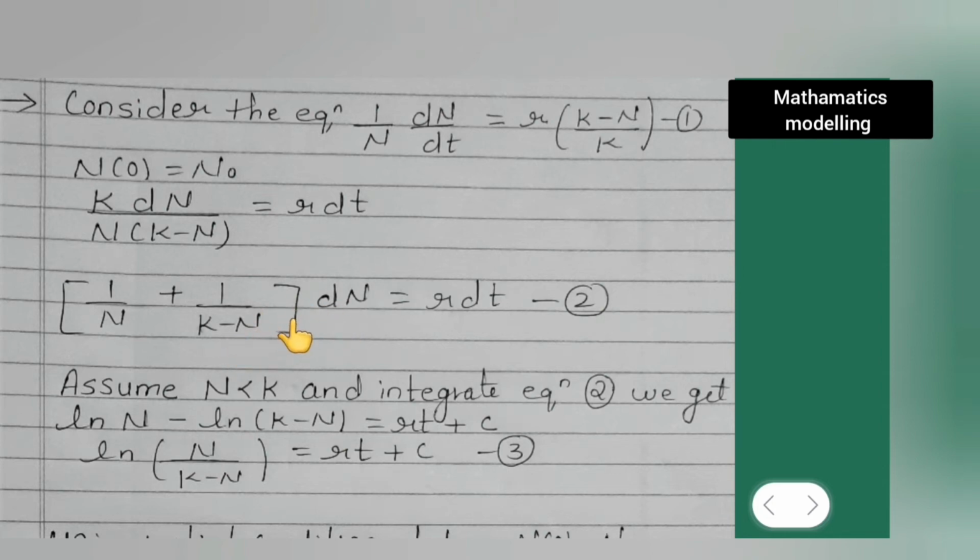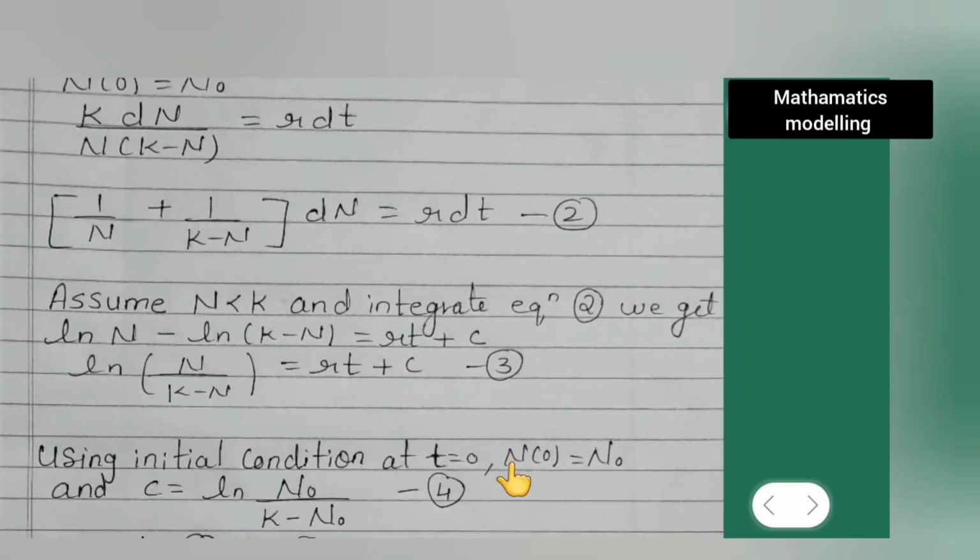This is equal to rt plus C, where C is a constant. So take this ln of N upon (k minus N) is equal to rt plus C. Write it as it is. Take this as equation 3.